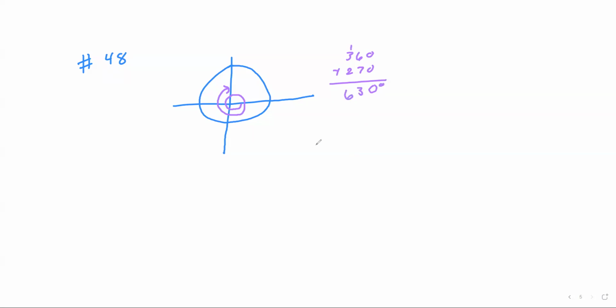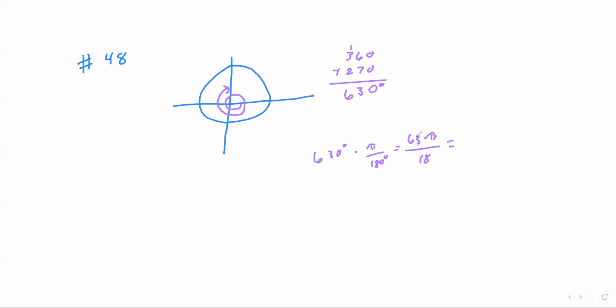So then I would take the 630 degrees, multiply by pi over 180. Write the pi. I see I got 63 over 18. That's divisible by 9.